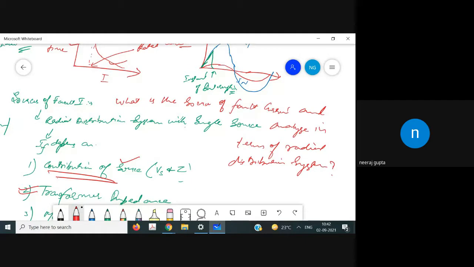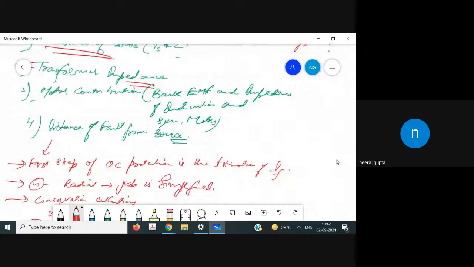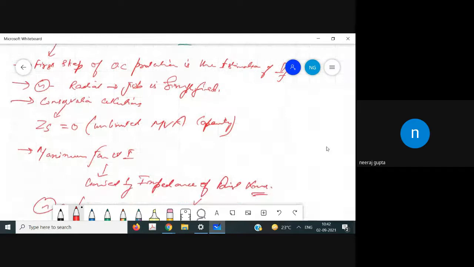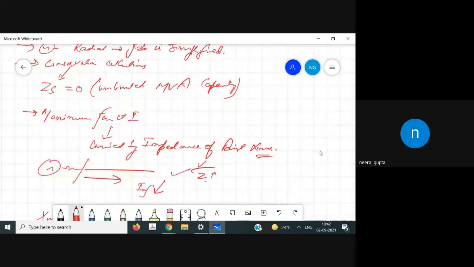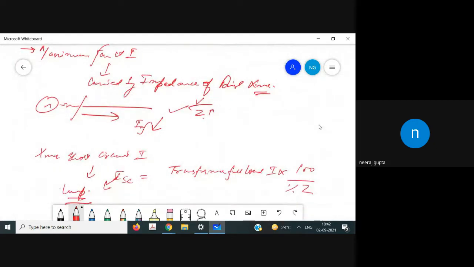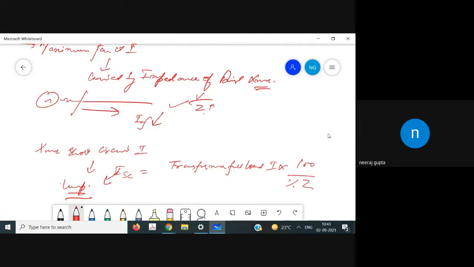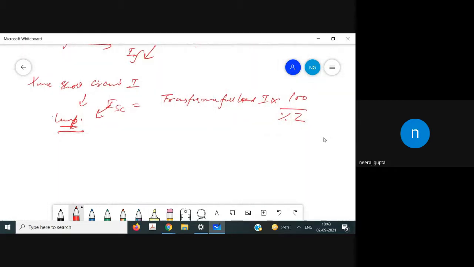We have to discuss it in terms of the radial distribution system. In a radial distribution system, it is the contribution of the transformer impedance which plays its part, because we are assuming the source impedance is equal to 0 in that case. And one more point is that the maximum fault current goes on decreasing as we move away from the source, and the transformer short circuit current is transformer full load current into 100 divided by Z.